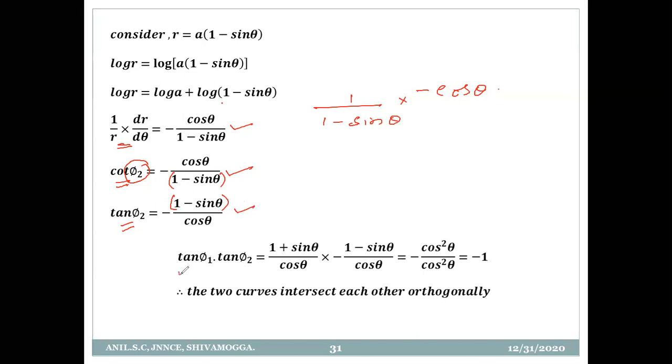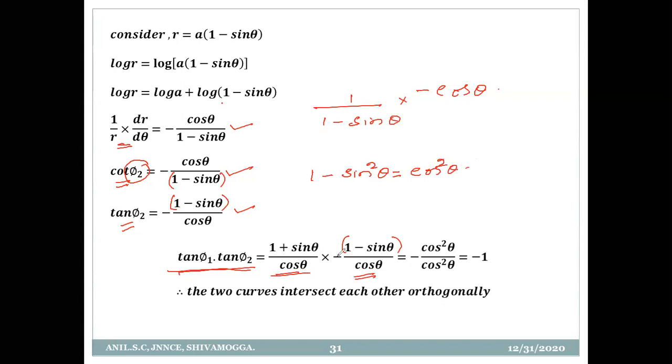Now let's consider tan phi 1 into tan phi 2. We just obtained that tan phi 1 is 1 plus sine theta divided by cos theta, into tan phi 2, which is minus 1 minus sine theta divided by cos theta. 1 plus sine theta into 1 minus sine theta takes the a plus b into a minus b form, which can be written as a square minus b square, that is 1 square minus sine square theta, which can be written as cos square theta.